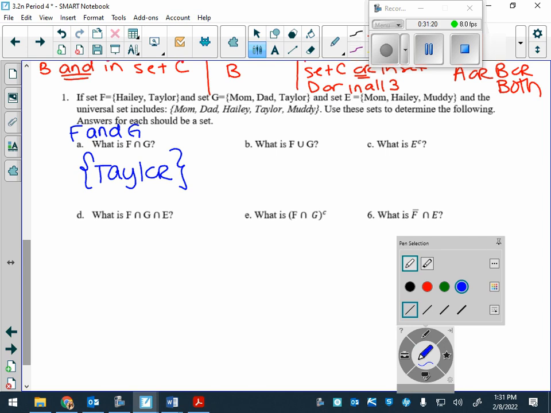Then we have F or G or both. And again, no repeats. So who is in F or G or both?